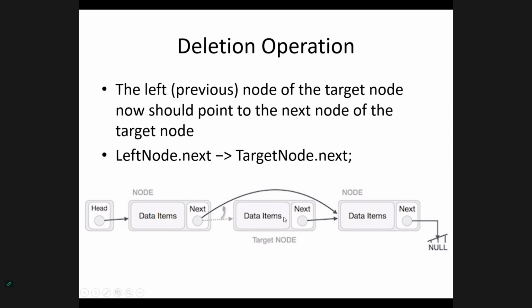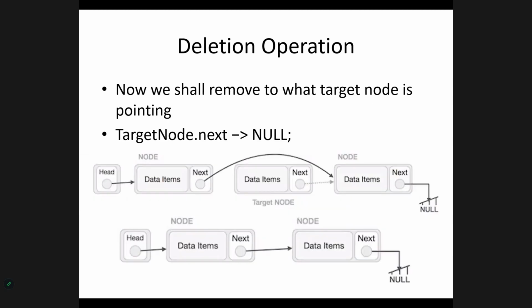But we will keep this target node in a temporary node. If you don't need this temporary node, we can remove the target node later, I mean, we can delete the memory later. So this is the algorithm for the deletion operation, right?